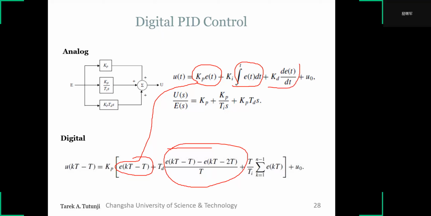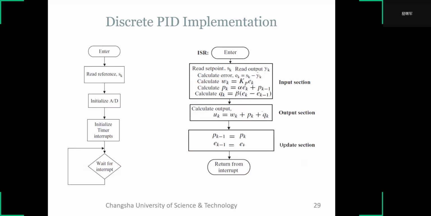This is the derivative part. We can change the derivative part to the difference. Here is the digital part. Discrete PID implementation.